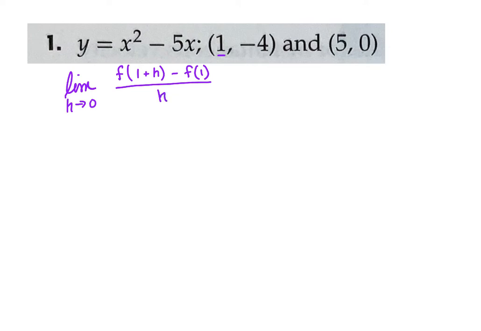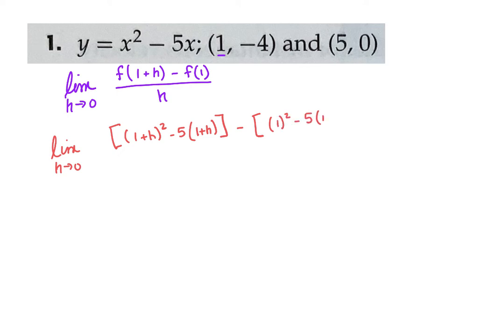So we have to see what happens when we plug in a 1 plus h. Well, when we plug in a 1 plus h, we've got to plug it into every one of our x's. All right? So this first one is going to be 1 plus h squared, that's x squared, minus 5x, or 1 plus h. All right, that's my f of 1 plus h, right? Minus f of 1. Well, f of 1 is going to just be x squared minus 5 times x, and my x there is 1.